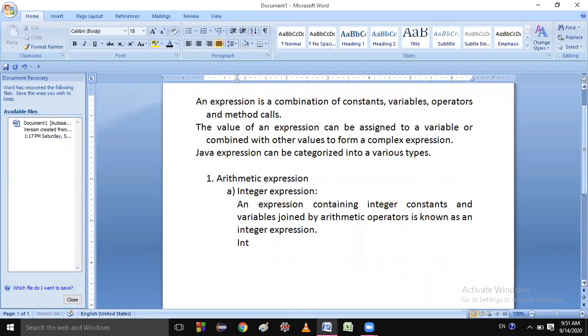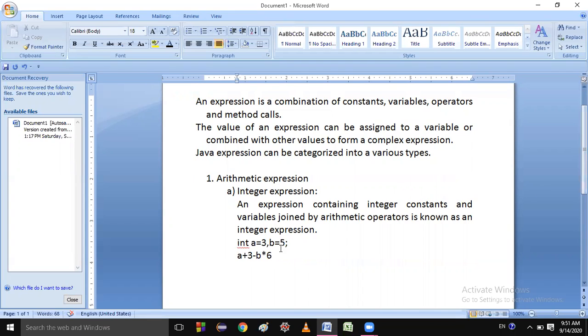Suppose I have variables int a equal to 3, b equal to 5, and I am writing here a plus 3 minus b multiply 6.